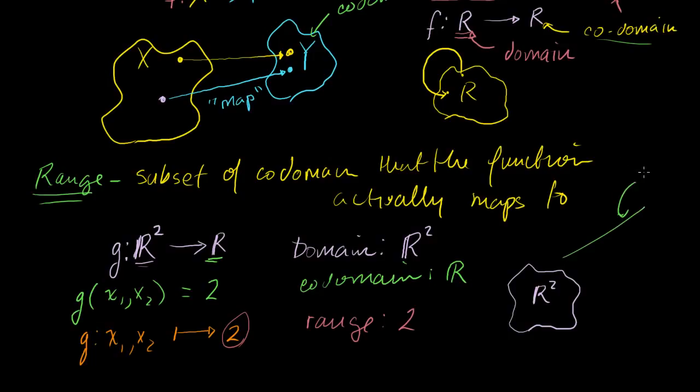So this is the set R. And my function g essentially maps any point over here to exactly the point 2. 2 is just one little point in R. My function g takes any point in R2, any coordinate, this could be the point 3, minus 5, whatever it is, and it always maps it to the point 2 in R. That's what g always does. So g's codomain, you could say it's all of the real numbers, but its range is really just 2.